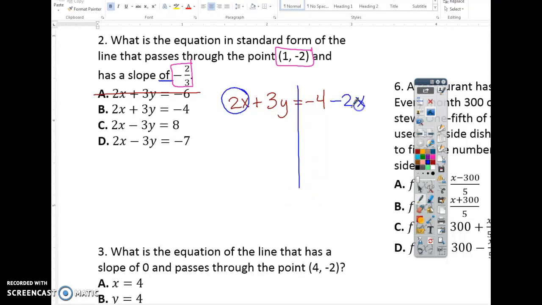Minus 2x. And divide everything by 3. y equals negative 4 divided by 3 is negative 4/3, and negative 2 divided by 3 is negative 2/3 x. So the slope is negative 2/3, so that's a contender. And we're going to put this in y equals trace and see if it goes through the point 1 comma negative 2.